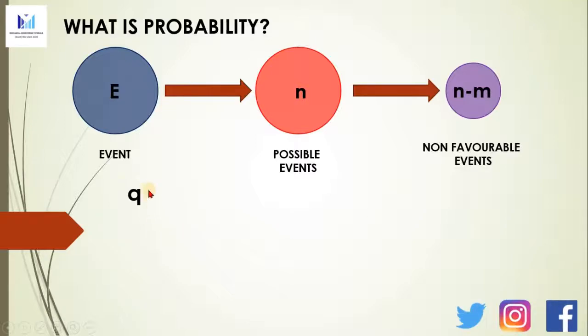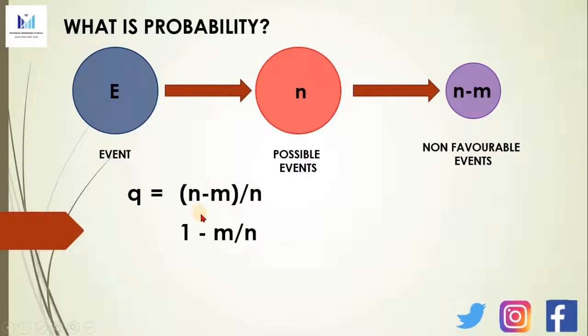This is denoted as small q, which is equal to n minus m upon n. So again, it is the ratio of non-favorable events to the possible events. n minus m upon n, I can write as 1 minus m by n, because n by n is 1 and minus m by n will remain as it is.